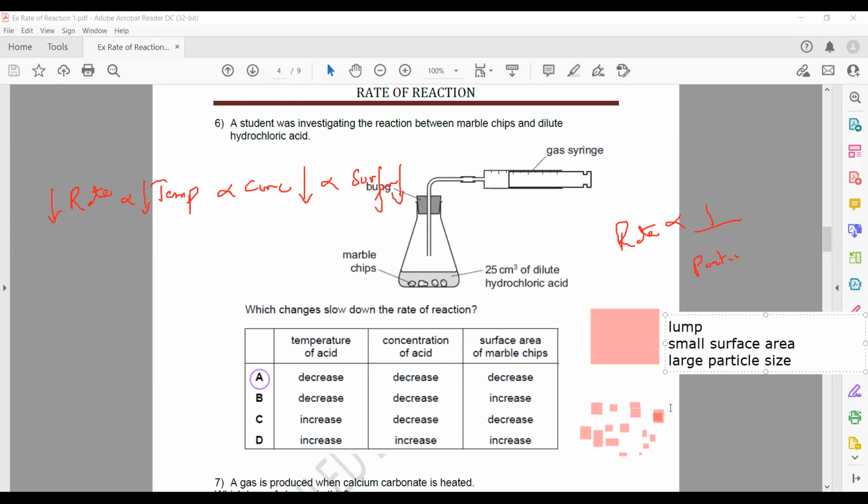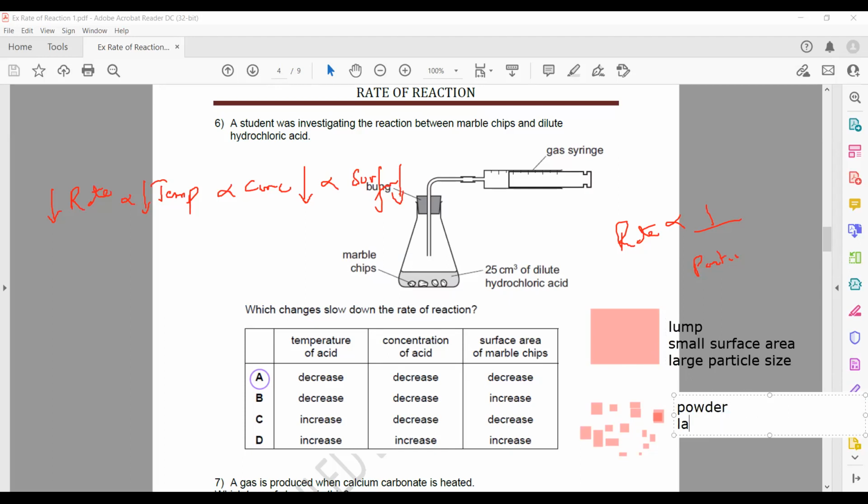And for powder, we say it has a large surface area, or it has a small particle size. So we should decrease all of them to decrease the rate.